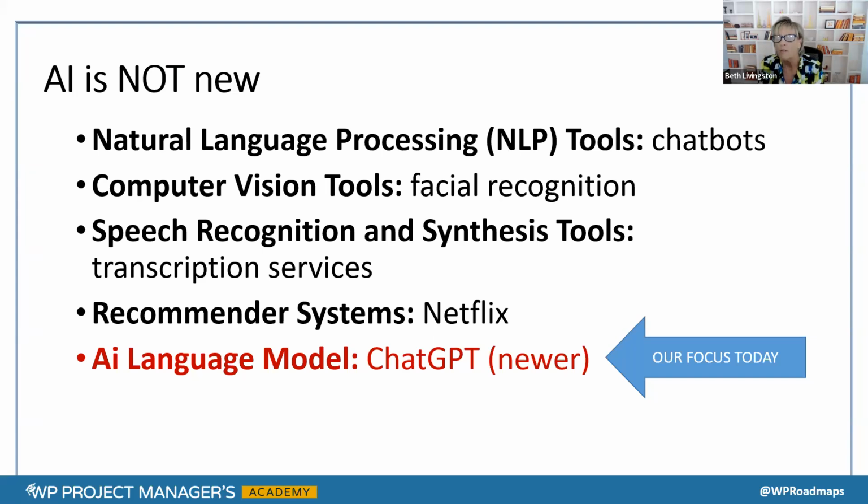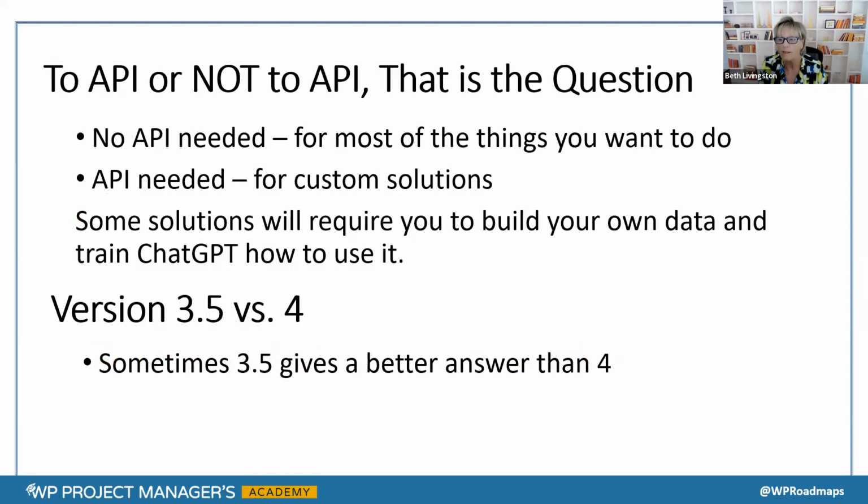For those of you who may not be familiar, there are two main ways to use ChatGPT, and there's two current versions. So the two main ways is using an API or not using an API.